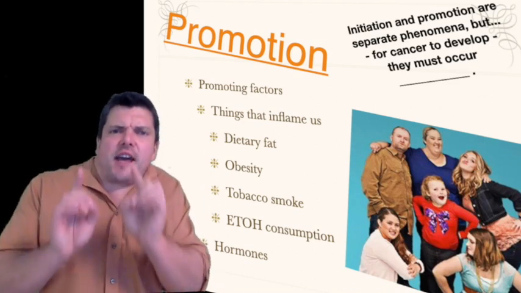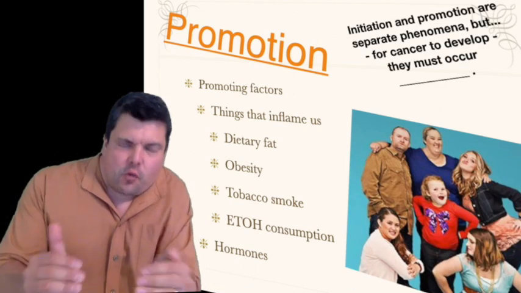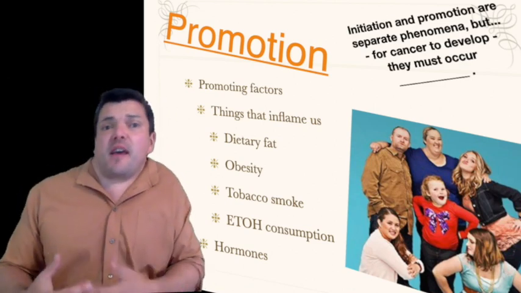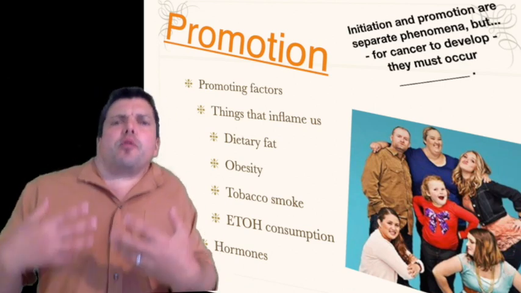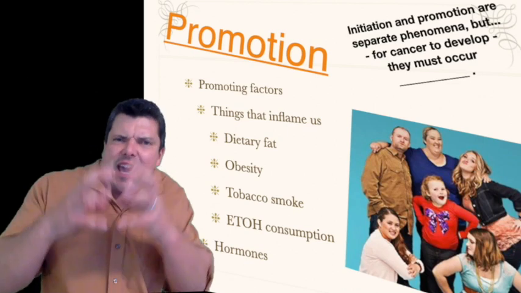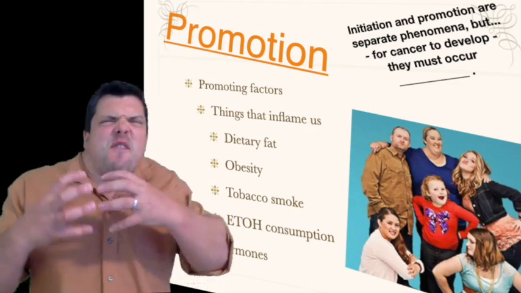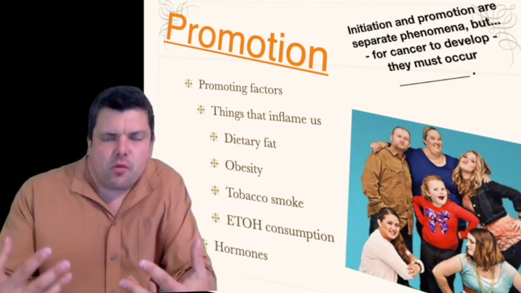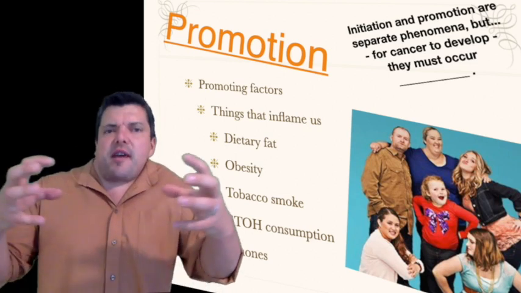Initiation also has to be concurrent or co-occur with something that cancer pathologists call promotion. That abnormal DNA cell has to be in an environment that promotes its growth and division.